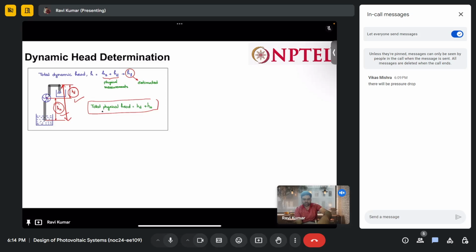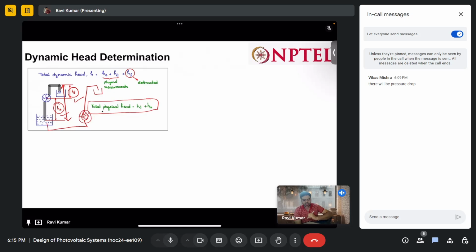So now let us understand one more thing. I am giving you one example. Let's say our pump is here and water is being taken like this to this reservoir.